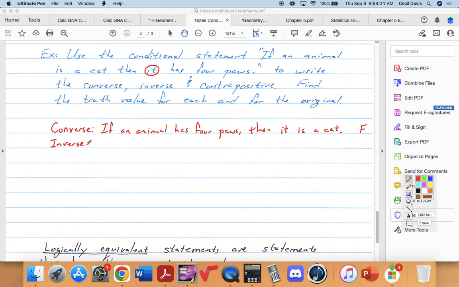We always go back to the original. Now we're going to negate both parts. So if an animal is not a cat, then it doesn't have 4 paws.